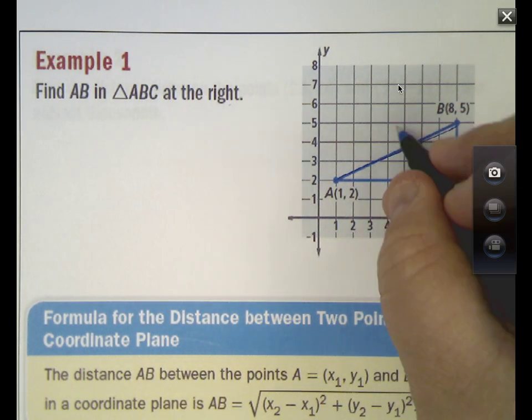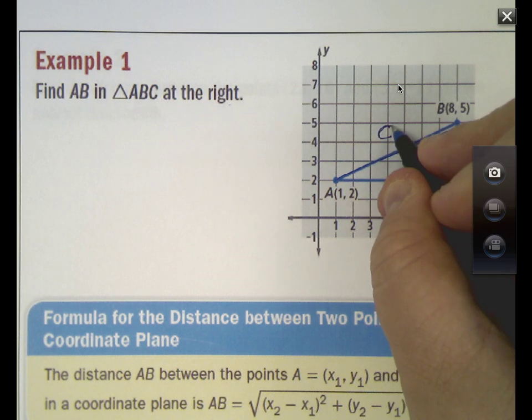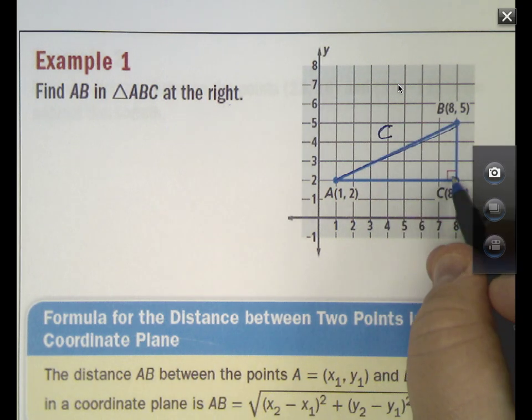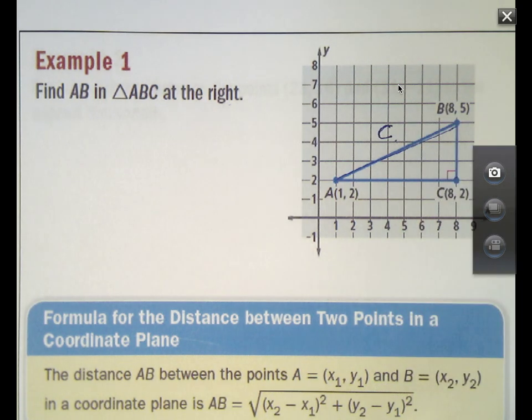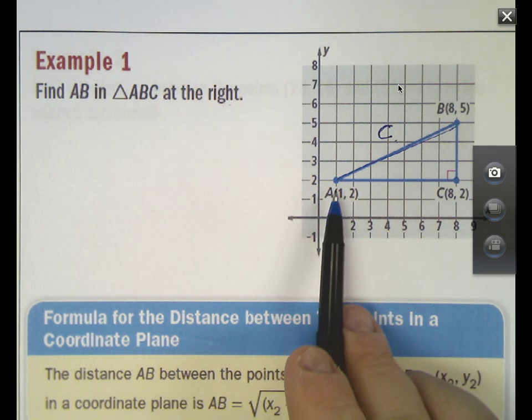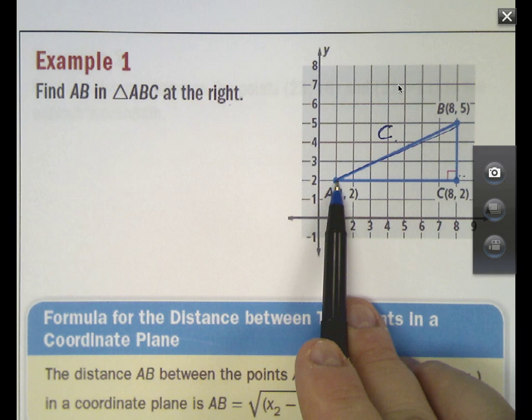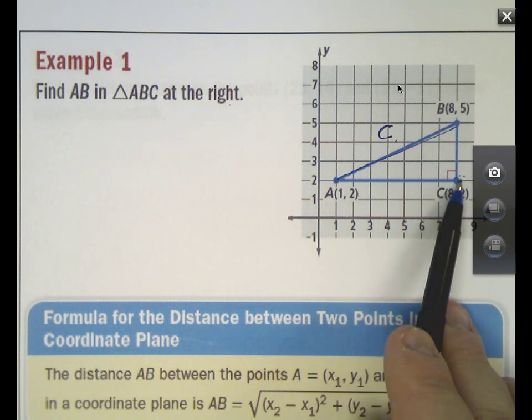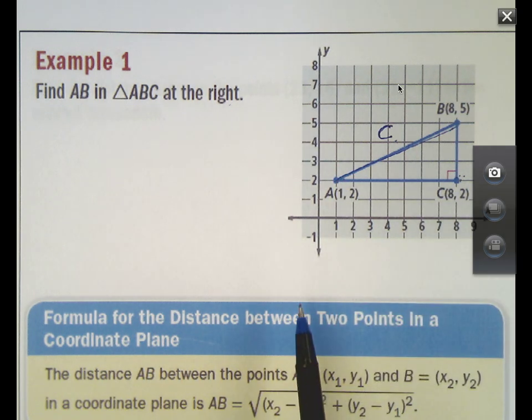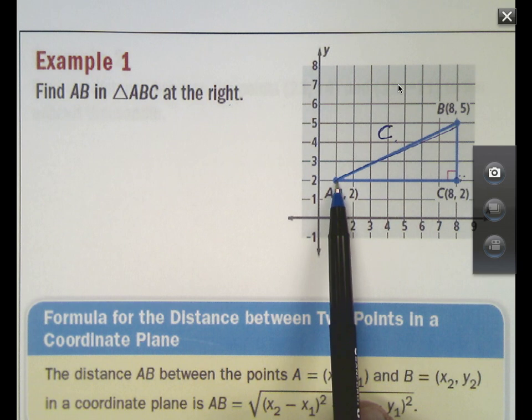So they want us to find AB, which I'm just going to label as c, because that is my side opposite of my right angle, the hypotenuse. Well, if you look at this, the distance from A to C is how many units?